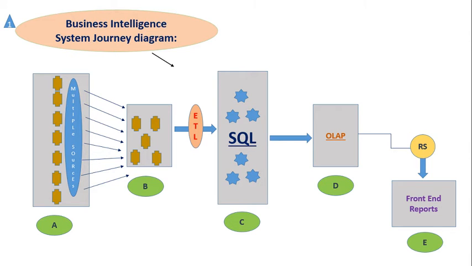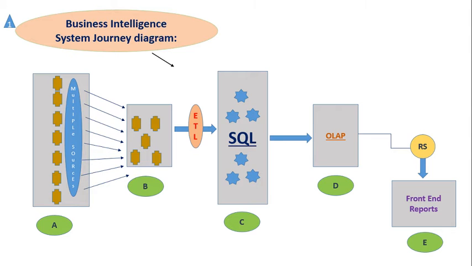What ETL will do is extract the data of multiple tools or sources from the B section, and convert it into one single destination. That's why C is the data warehouse section over here. It will also apply some transformations like cleaning and scrubbing to transform the data, and then load it to the data warehouse.